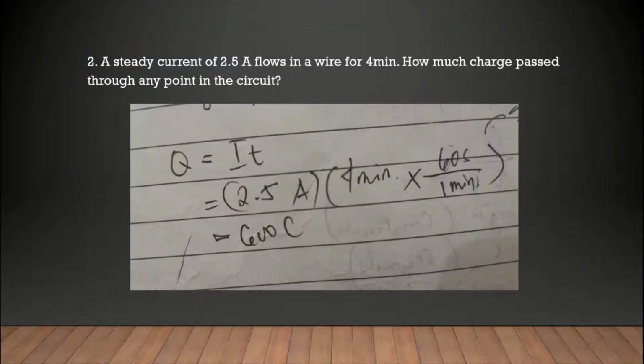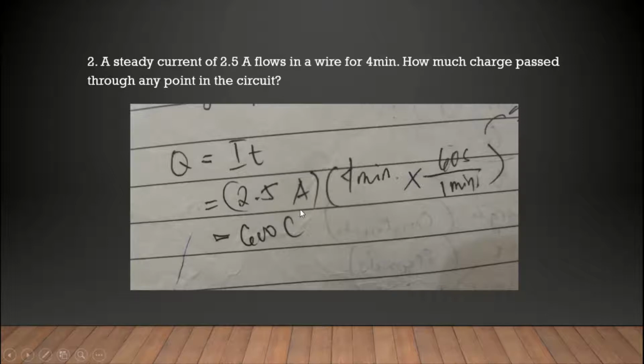Okay. Next example: a steady current of 2.5 amperes flows in a wire for 4 minutes. Given are the electric current, which is 2.5 amperes, and the time, which is 4 minutes. How much charge passed through any point in the circuit? Using the same formula, we just have to transpose and derive the formula, where Q is equal to current times time.